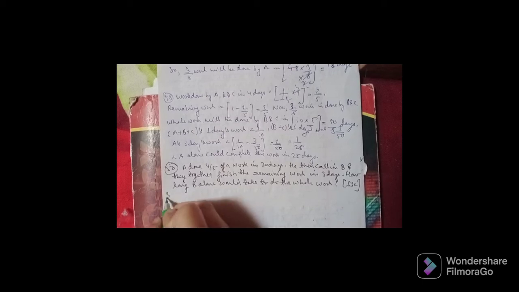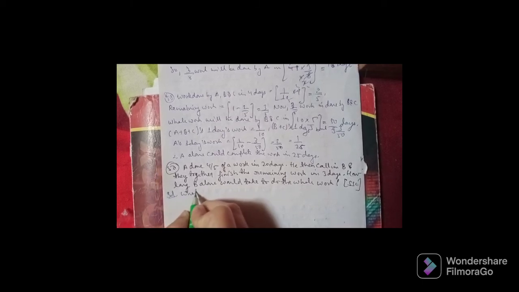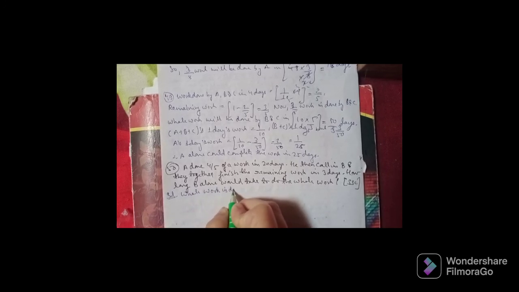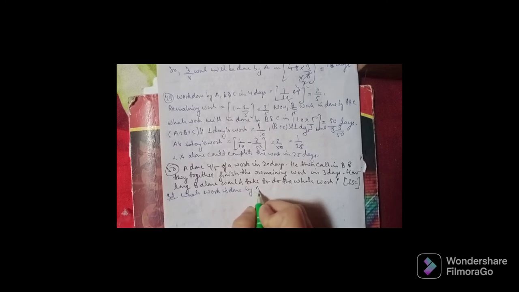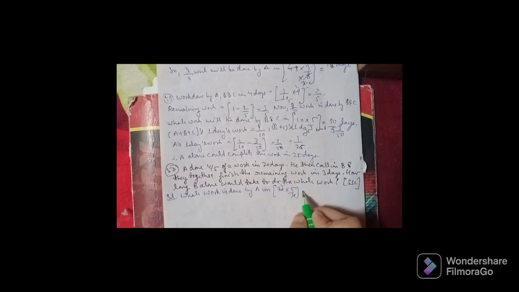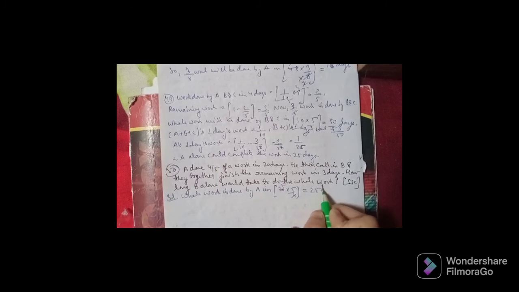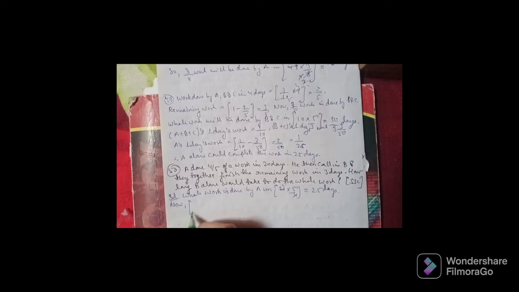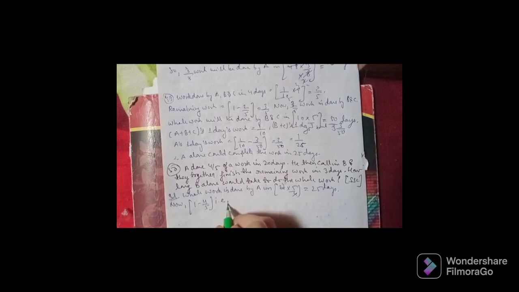The whole work is done by A in 25 days, since 4 fives are 20 and 5 fives are 25. Now 1 minus 4 by 5 is 1 by 5.